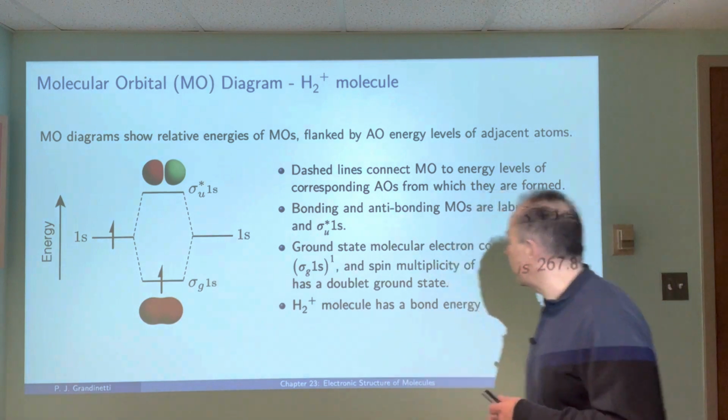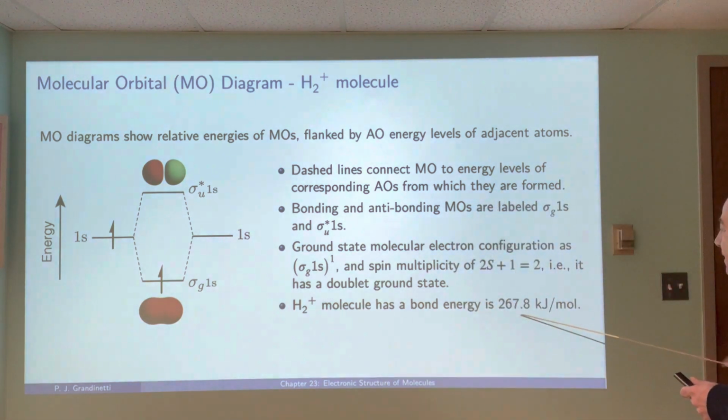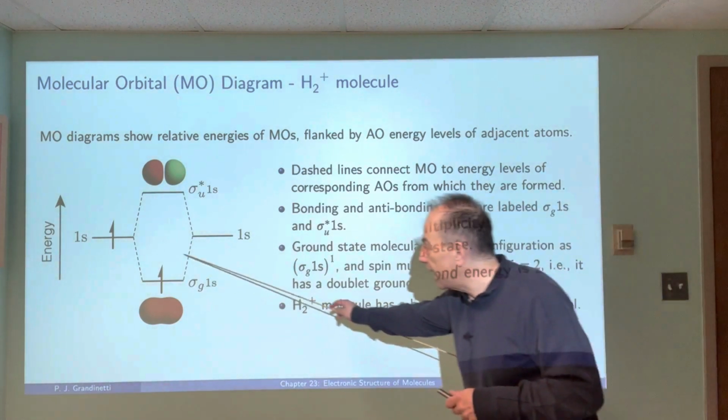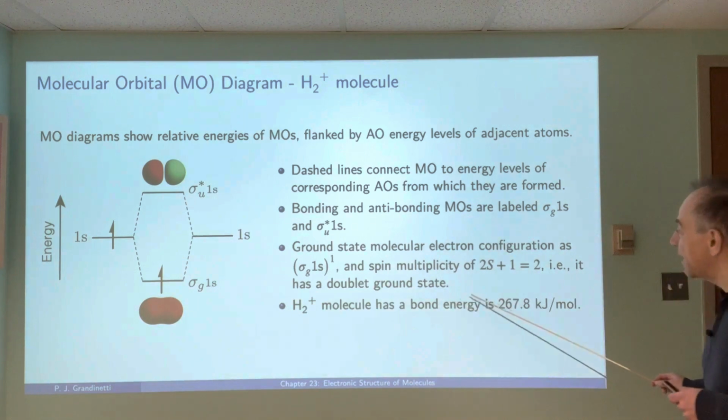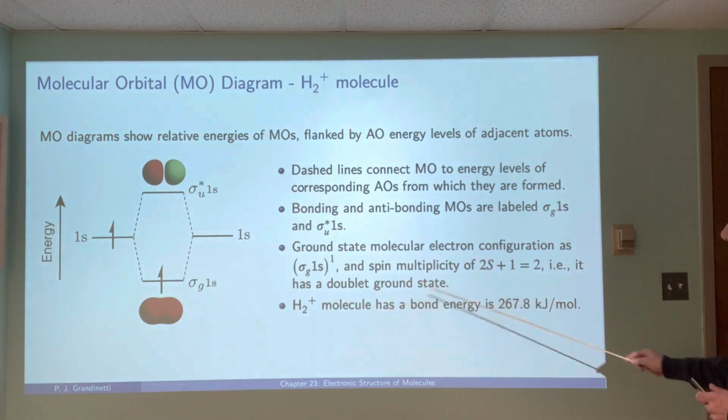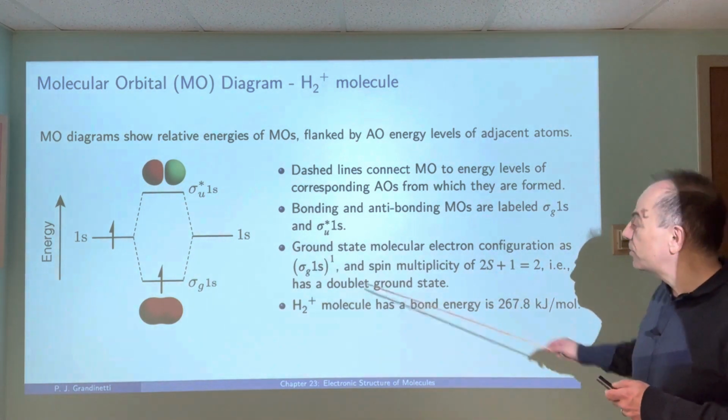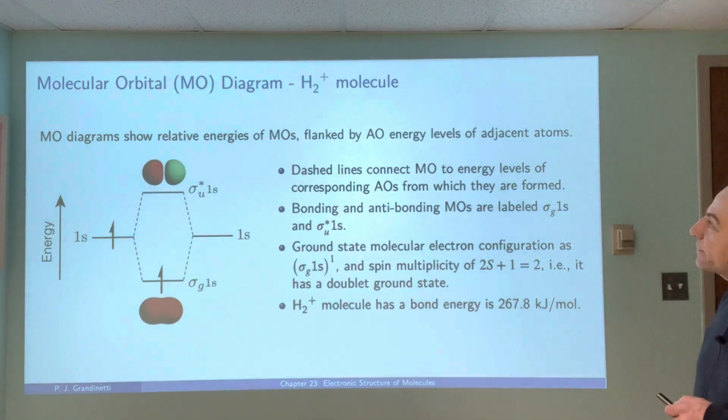This is our electron configuration, and we've already worked out that this has a bond energy of about 267.8 kilojoules per mole. Notice that this has an unpaired electron, so the spin multiplicity is 2 times one half plus 1, which is 2, so it's a doublet ground state.